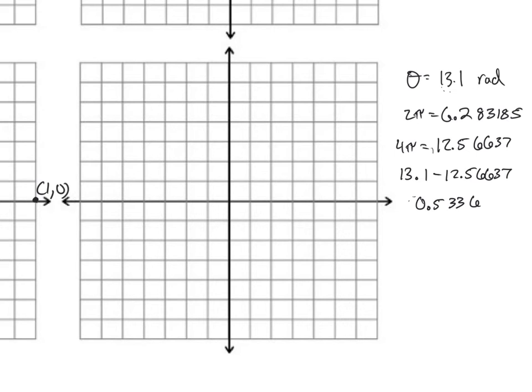Let's try to see what that means. If I did pi divided by 2 here, this is 1.57. So I know my angle is somewhere here. It looped around twice, so it started here. It went once, twice, and ended up here, just like that. So that is my angle.